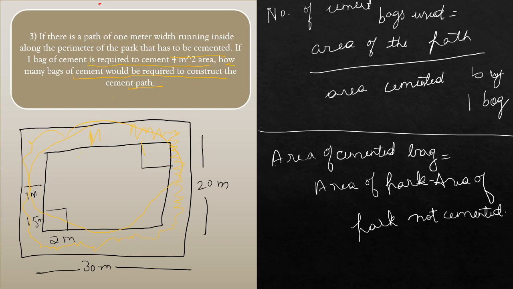See, area of the path is equal to area of the park minus area of park not cemented. That is this one, this region. We have to find.